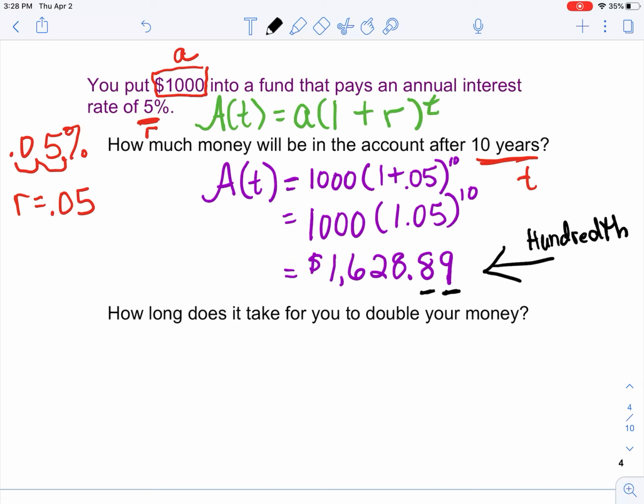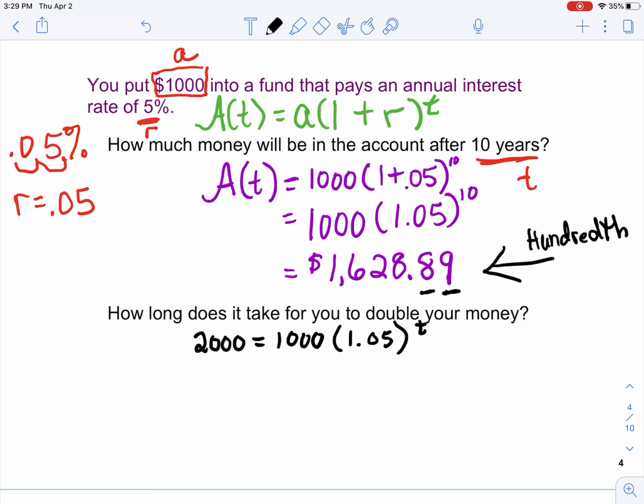We're going to double our money. So if we started out with $1,000, how much money would we get if we doubled it? Well, that gives us $2,000 equals 1,000 times 1.05, and I'm looking for how much time that's going to take.